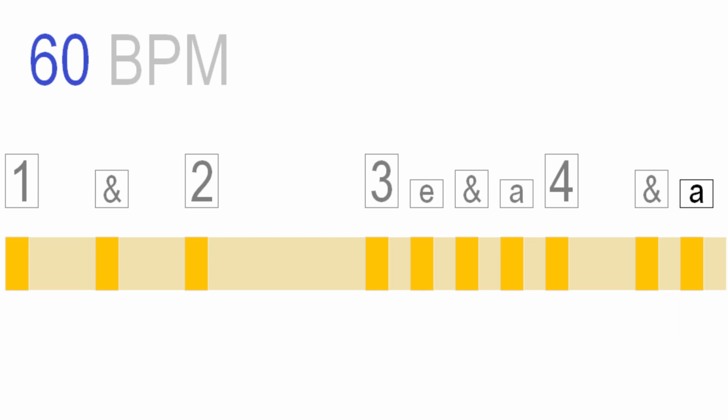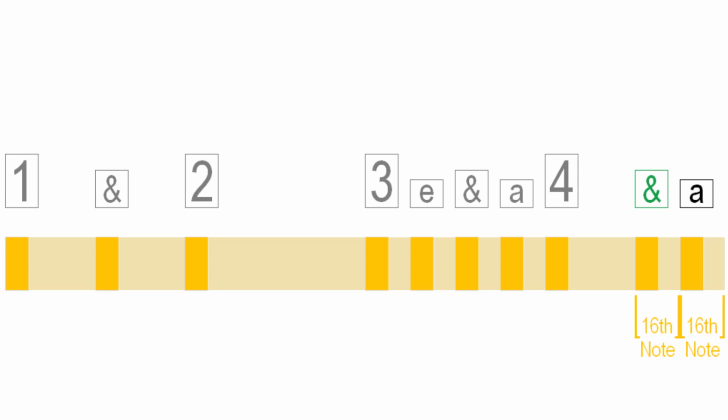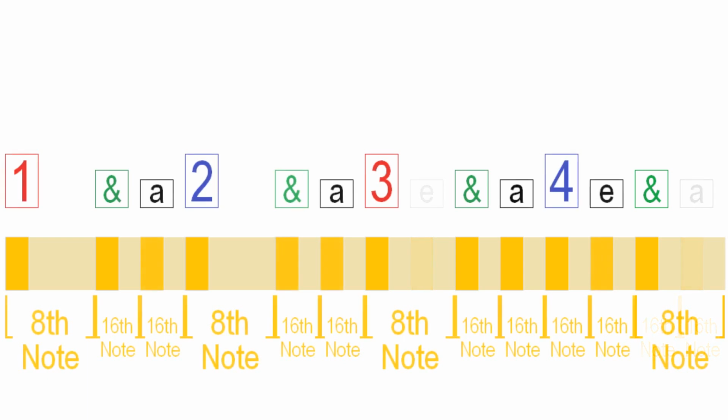You'll notice in the previous exercise that we had two 16th notes at the end of the measure. So 16th notes don't always have to be in groupings of 4. For example, we could use a repeating group of 2 16th notes throughout the measure as follows.